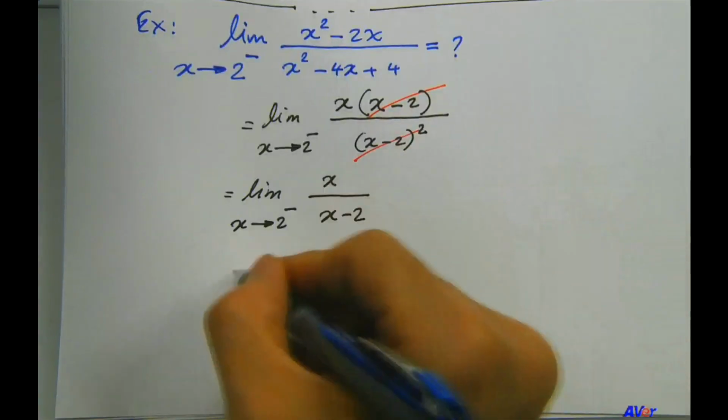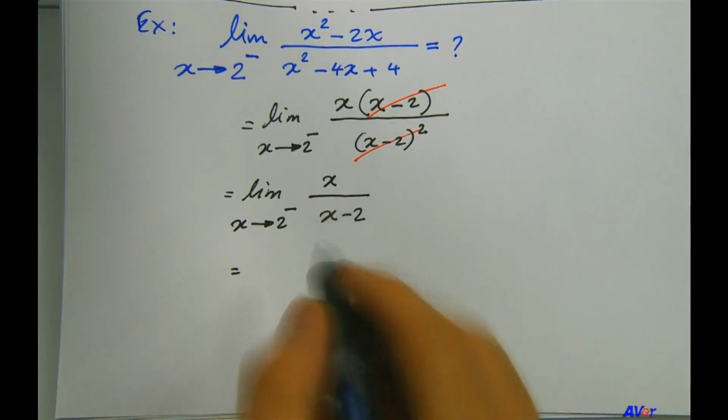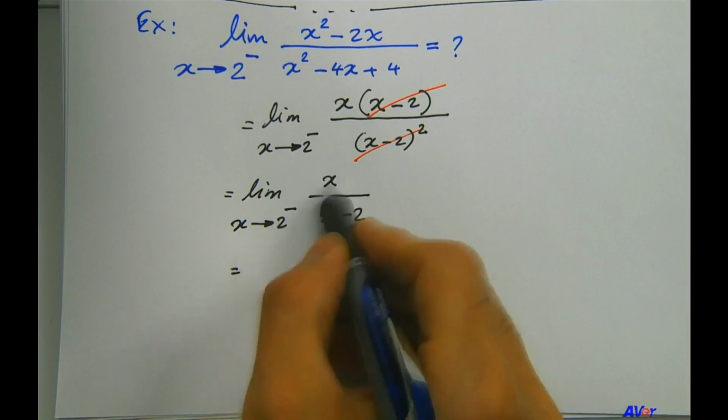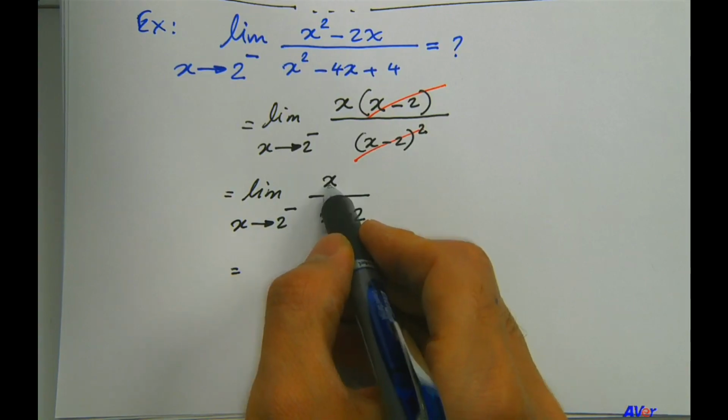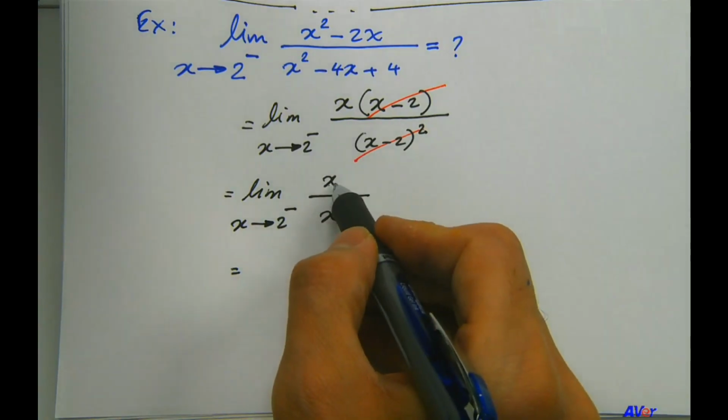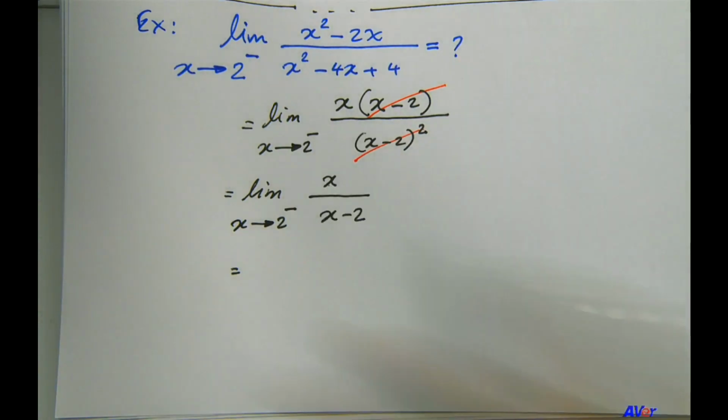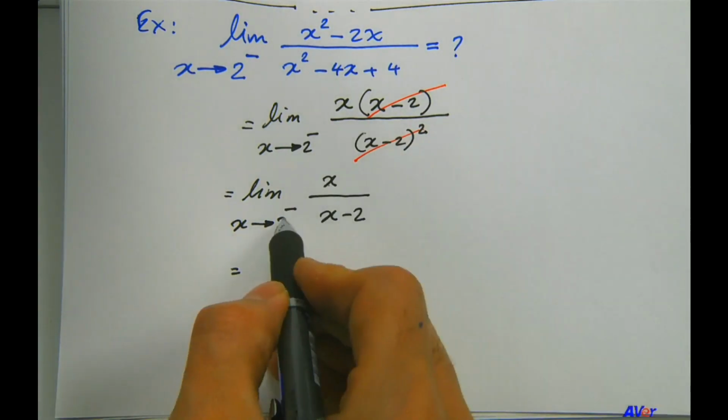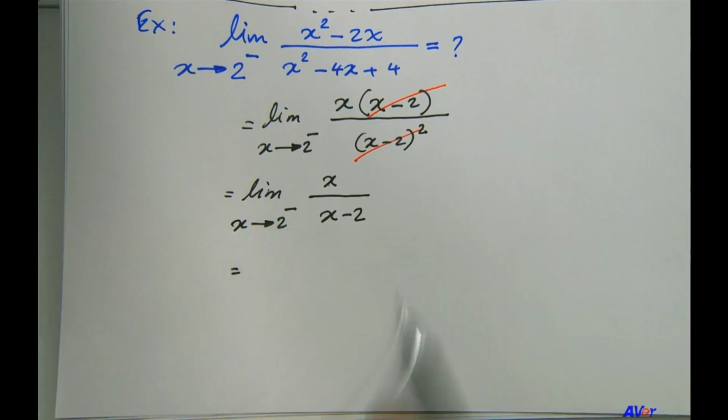So let's do that. If you apply the limit up here, the numerator becomes some positive value, right? This is approaching 2 from the left. So you might pick 1.999 and I might pick 1.9. Both of us would be correct.